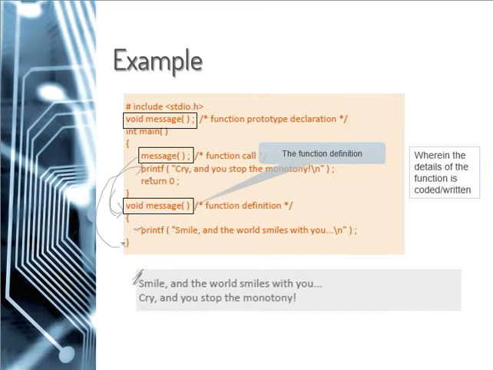Unsa magani itong line iya hatong execute. So, since ang after sa function call is kani man printf here, so muna po din niya i-execute. Cry and you stop the monotony, which is this one here. Now, this is printed, and so the code is ended na dayon. Kaya ni-return 0 naman siya. Okay?